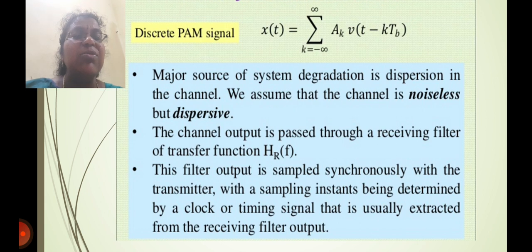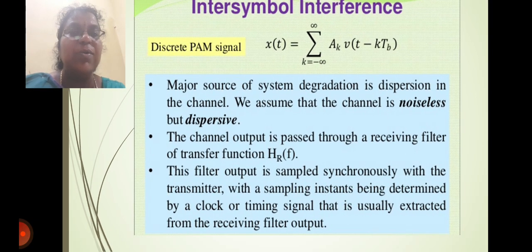The major source of system degradation is dispersion, and here we are assuming that the channel is noiseless. The channel output is passed through a receiving filter of transfer function Hr of f. Then the receiver filter output is sampled synchronously with the transmitter, with the sampling instant being determined by a clock or timing signal that is extracted from the receiving filter output.